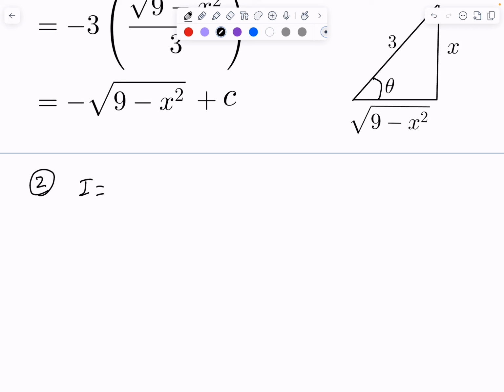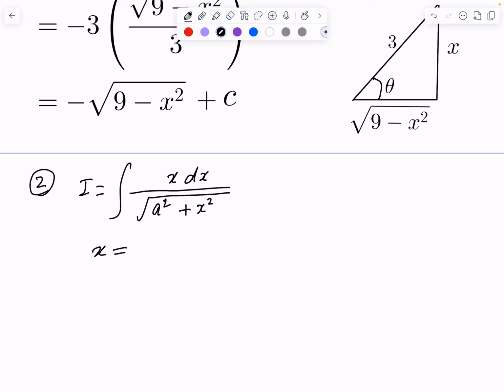So I is going to equal the integral of x dx over the square root of a squared plus x squared. In this case, we said that this is related to tan theta.